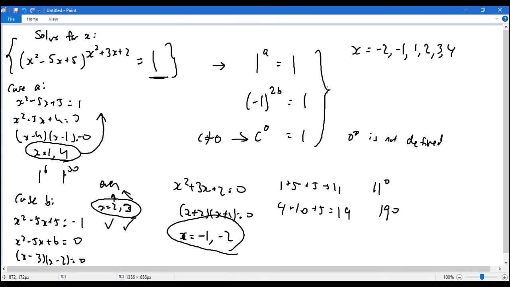Now the key thing to note with this kind of problem is the idea that the answer equals 1, which is what gave us these 3 possible cases that made our solving process a lot simpler. Made it so that we can actually use algebra to solve the equation.